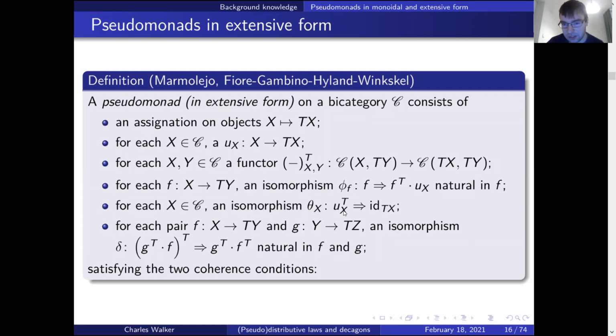The extension of a unit is going to be isomorphic to an identity, which we'll call theta of x for the unit at x. And the extensions are only going to be preserved by other extensions up to some isomorphism, which I'm going to call delta. And then this will satisfy two coherence conditions as earlier.